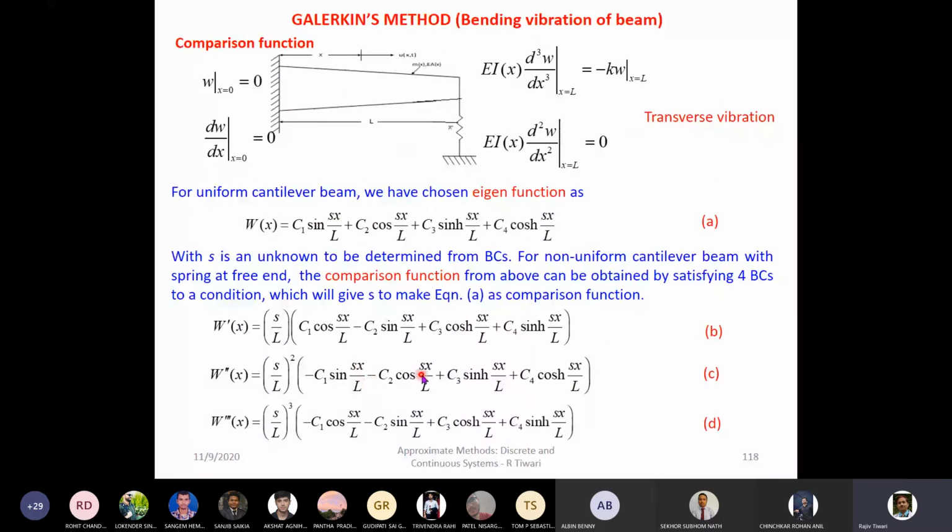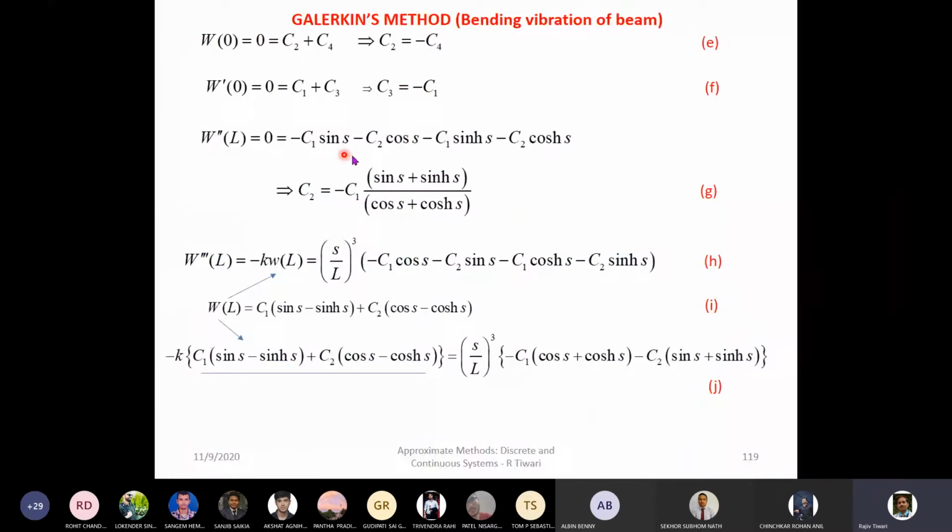So that is sine S, cos S, cosh S. So these are the terms for the case of the bending moment. Also, we replace C3 with C1 and C4 with C2. And then this equation is only in terms of C1 and C2. So we can write C2 equal to C1 times this.